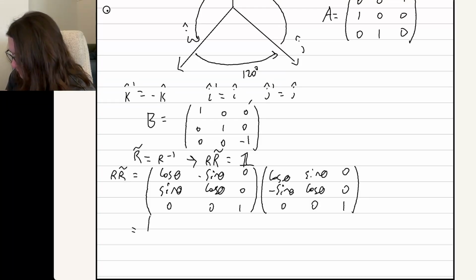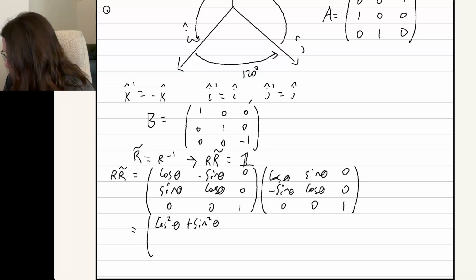So just multiplying these together, cosine theta times cosine theta makes cosine squared theta, minus sine theta times minus sine theta makes sine squared theta, 0 times 0, and then sine theta times cosine theta makes sine theta cosine theta, cosine theta times minus sine theta makes minus sine theta cosine theta, and then 0, and zeros here.